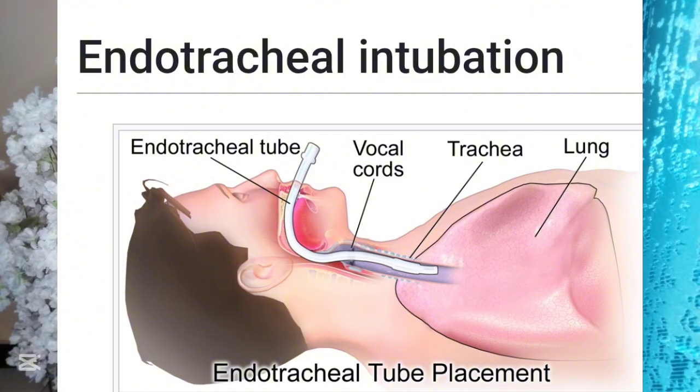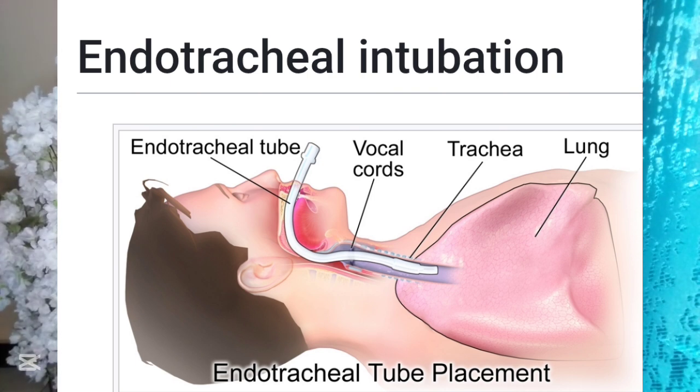By the way, these secretions also contain bacteria. So these bacteria can now cause the ventilator-associated pneumonia, especially when they overgrow in large numbers.